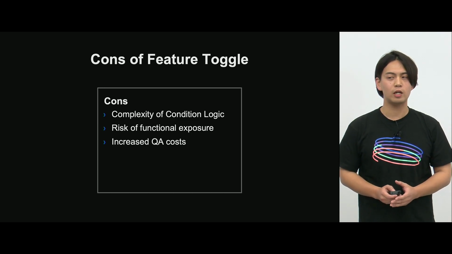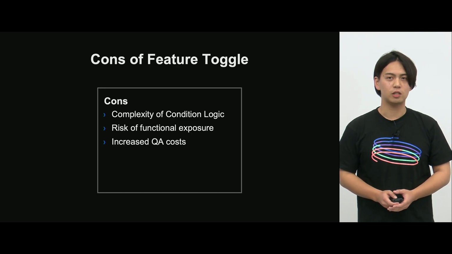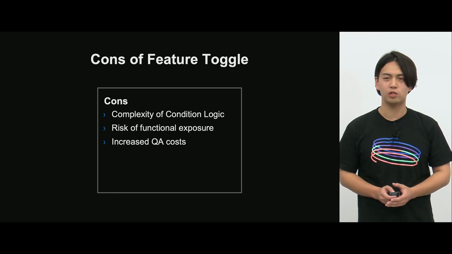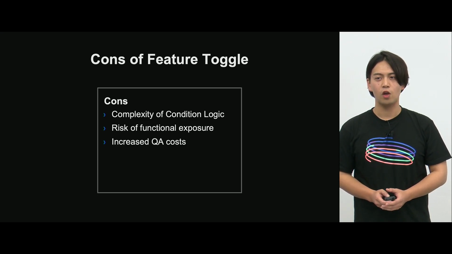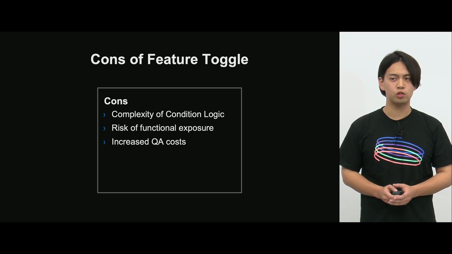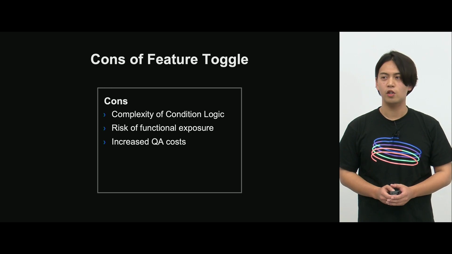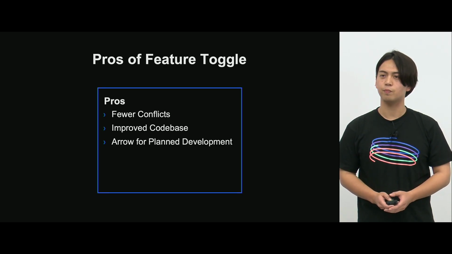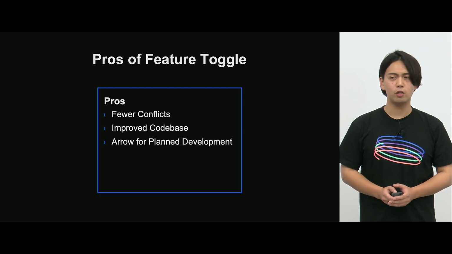You can hide them, but the source code itself is deployed in the production environment, so if you cannot check it correctly, you may expose a functionality to the users. To avoid that, you may have to increase the QA cost.